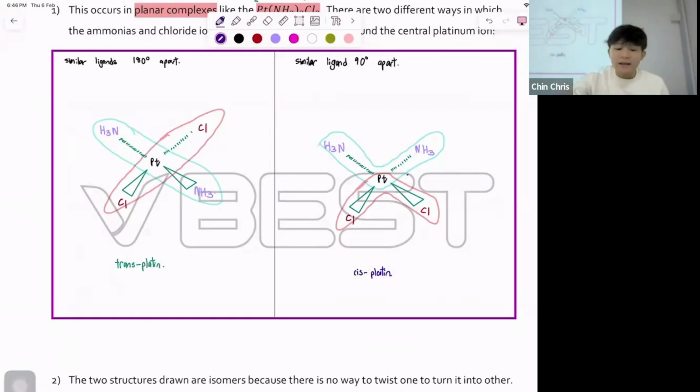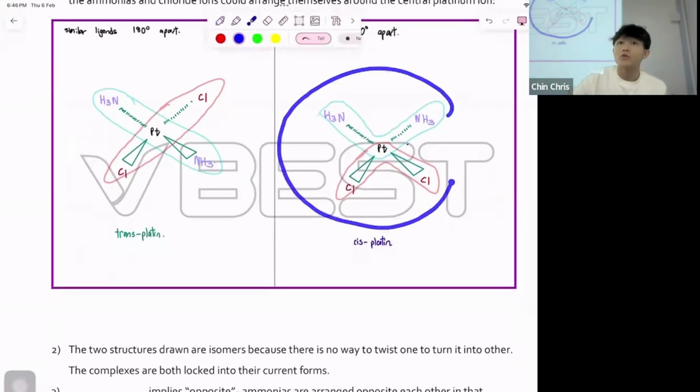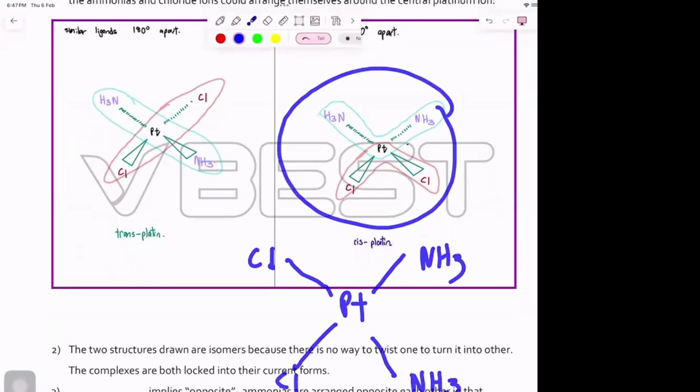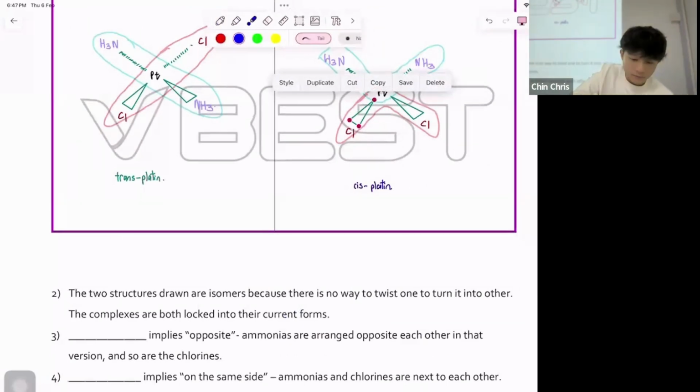All right, guys. Again, sometimes in exam, you have drawn something like that, but when you refer to the mark scheme it will show you. Okay, so guys, are they the same? Is this another isomer?